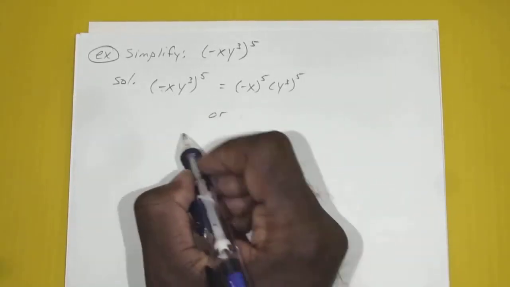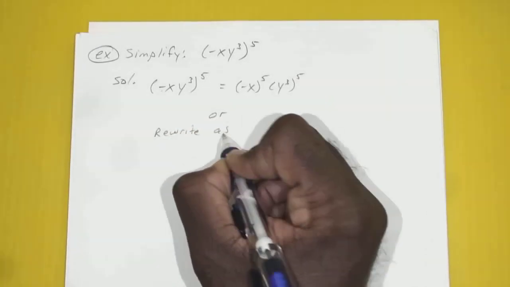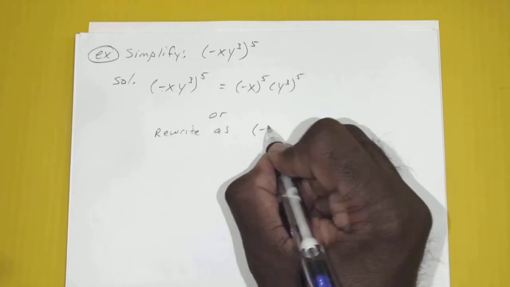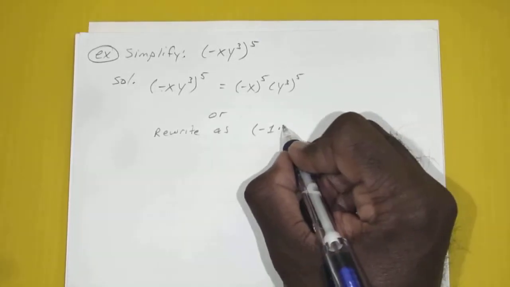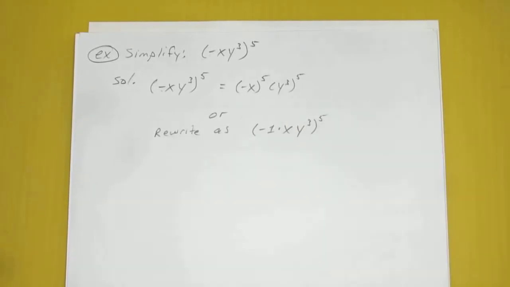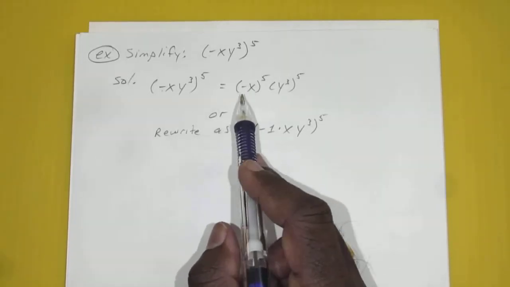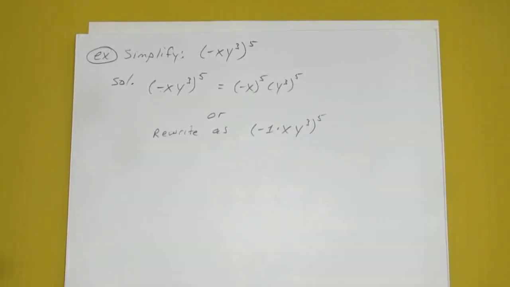Or if you wanted to, you can rewrite it as -1 times x times y to the 3rd to the 5th power. Like I said, usually it's easier just to attach that negative to something because it takes away a step.